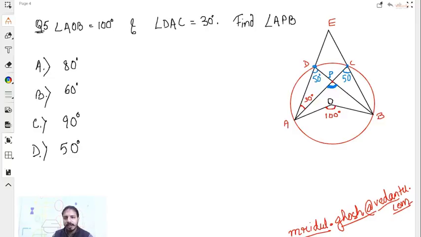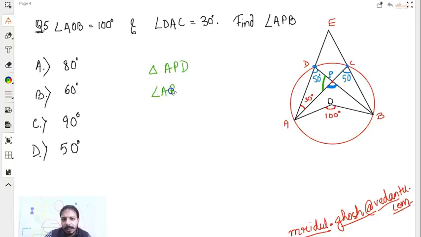Okay, this is one hint. Then this is simple, right? So we can find this angle in the triangle. If you see in triangle APD, what is this angle?